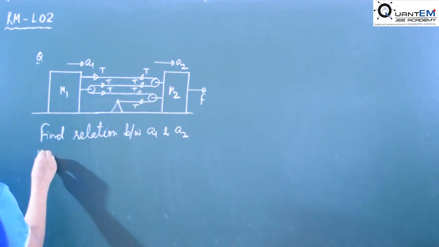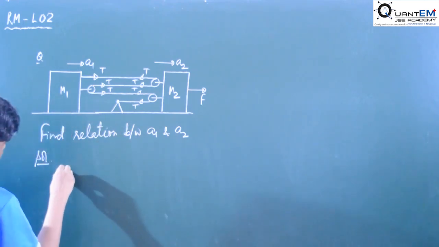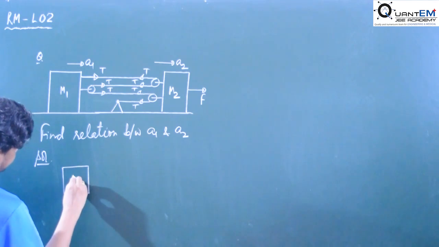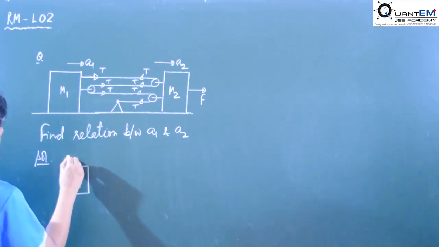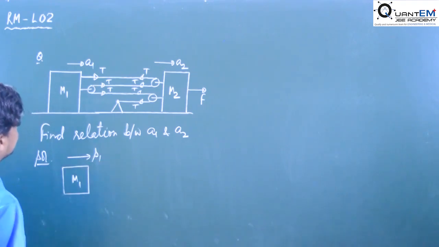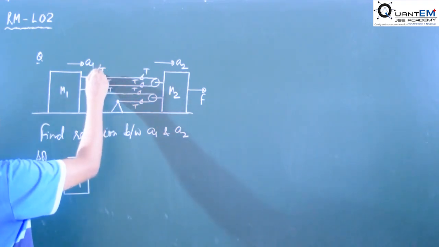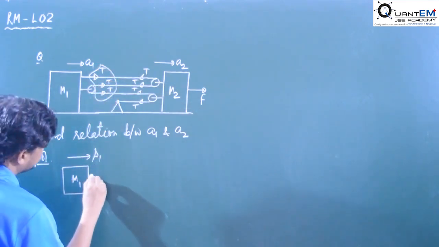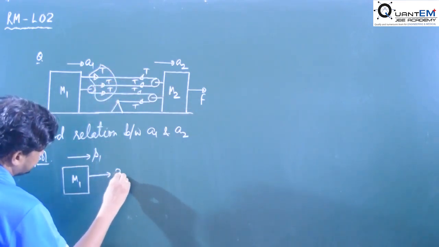So we come to the solution. We come to the first mass. The first mass has supposed displacement in the direction of acceleration. Displacement is S1. Now take the total tension here. Total tension on the first mass is what? T plus T plus T, that is what? 3T.